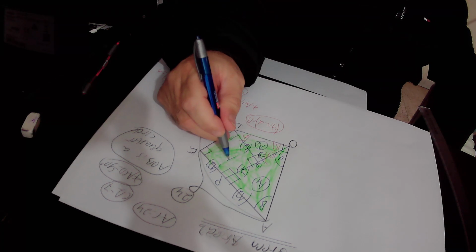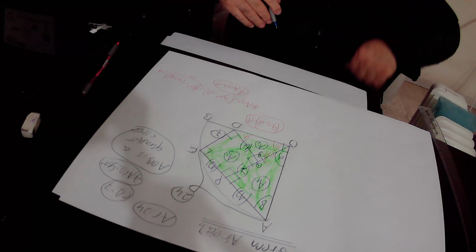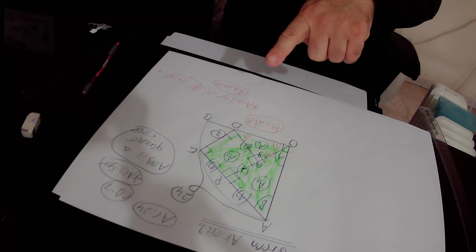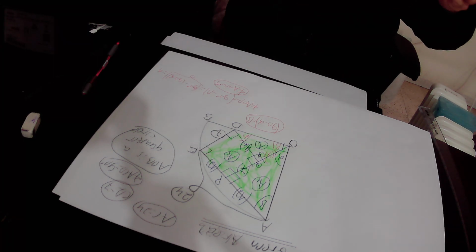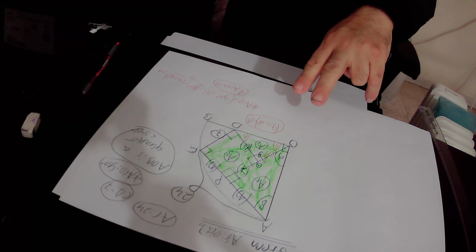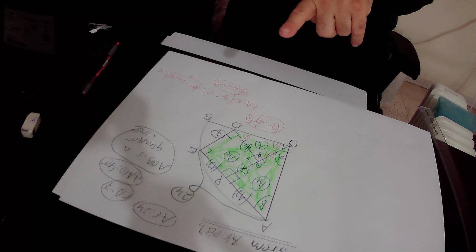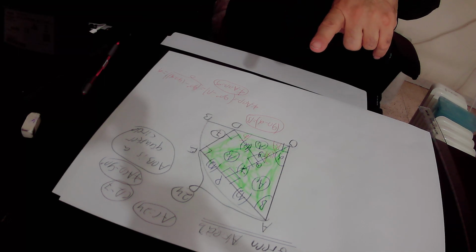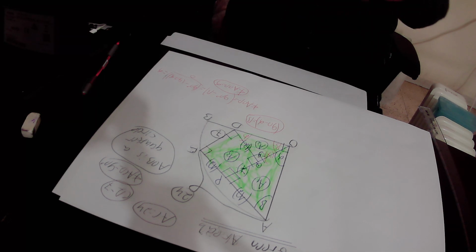This will be A3. From the drawing, it is very obvious that A1 plus A2 plus A3 equals exactly the area of the green shape. That is to say, the sum of the areas of the two right triangles plus the area of rectangle PCDQ must be equal to the area of the green shape.